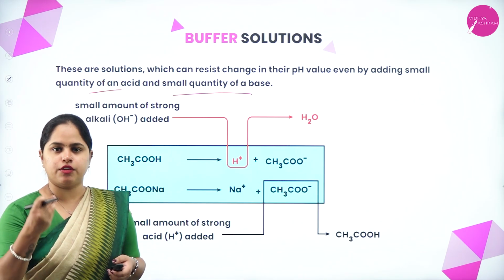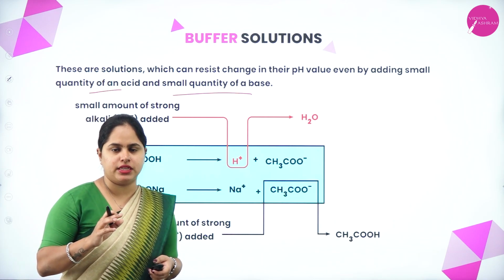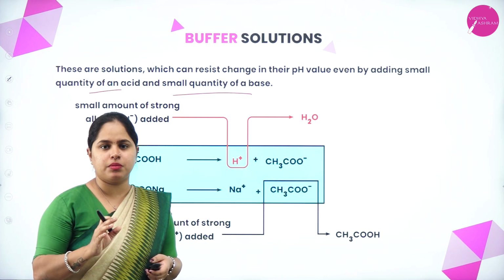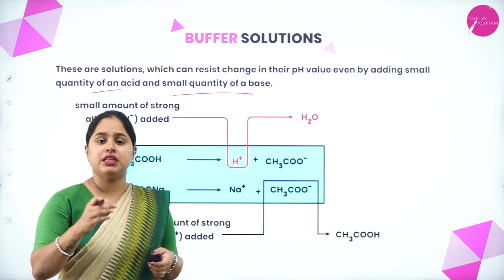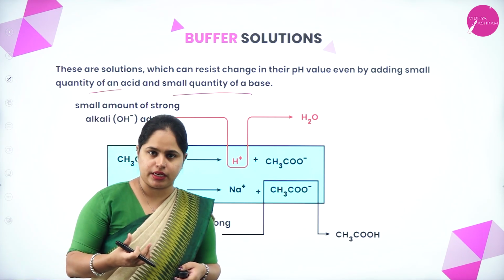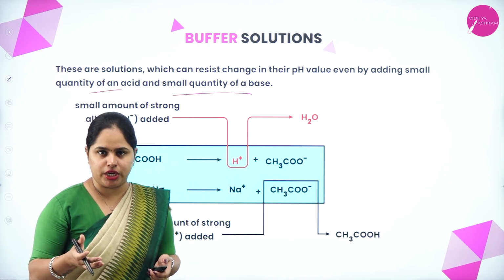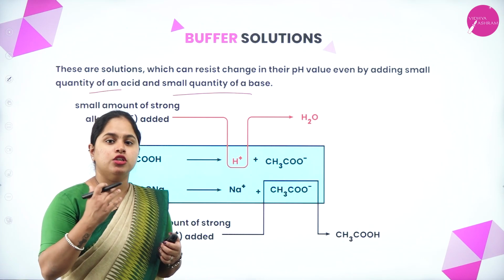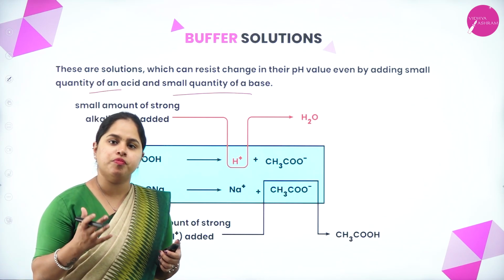It shouldn't happen, right? If you are adding a small amount of base, the pH value should increase. If you are adding a small amount of acid, the pH value should decrease. But these buffer solutions have the ability to not make this change, right? Because some reactions are taking place in this buffer solution so that the pH value will not change.